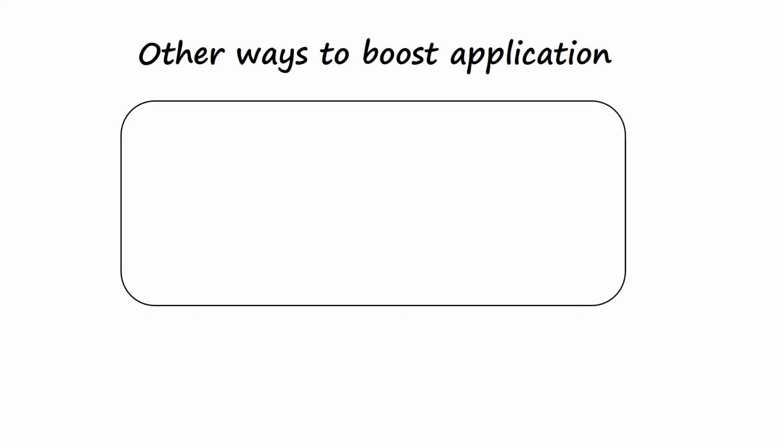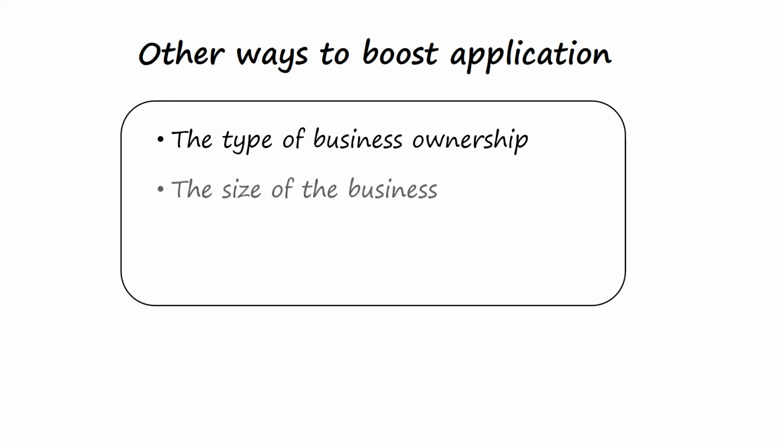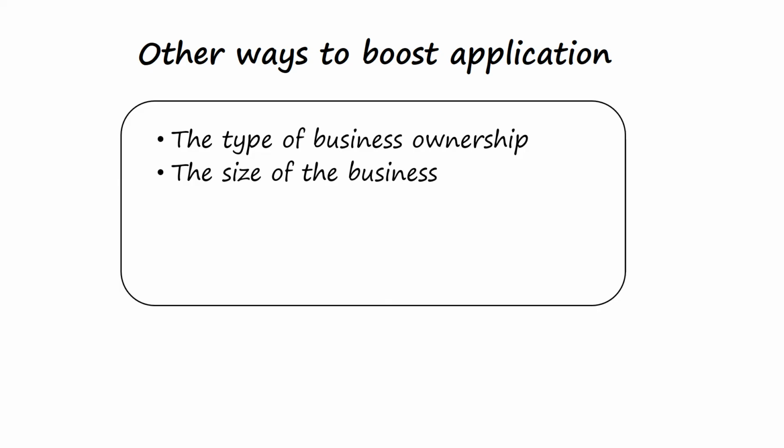Finally, let's look at some other ways to get that amazing application in your answer. You might want to look at the type of business it is. Is it a PLC? Is it LTD? You could mention shares where relevant or share capital. You could look at the size of the business. Is it a small business with a few employees or is it a large business? Does the case study state the profit that's being made from this business?